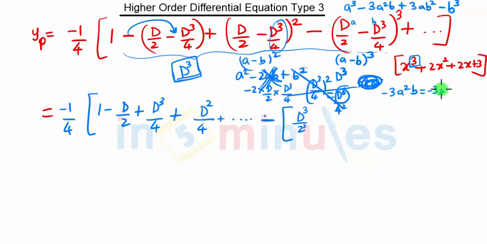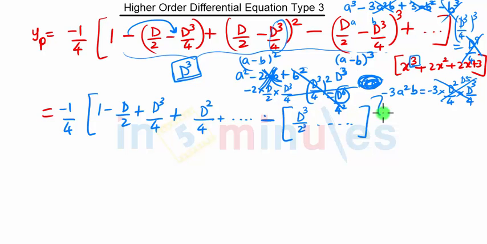So a square will be D square upon 2 square. So D square upon 4 into b, which is D cube upon 4. So D cube into D square will become D raised to 5. So this term is neglected because we need the terms only till D cube. Similarly, 3ab square will also be neglected, and b cube is nothing but this cube. So D cube upon 4 the whole cube will be D raised to 9. So this term will also be neglected. So we remain only with these terms.